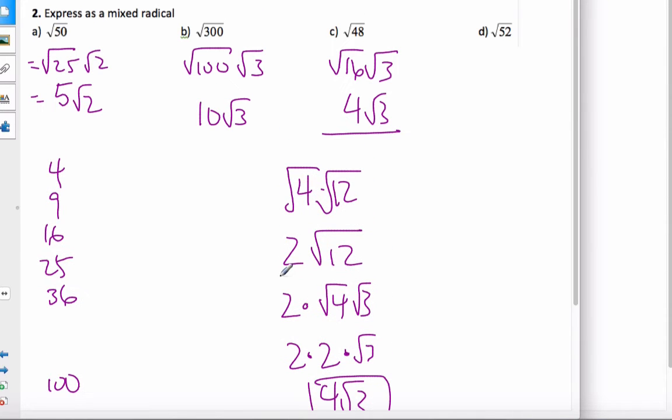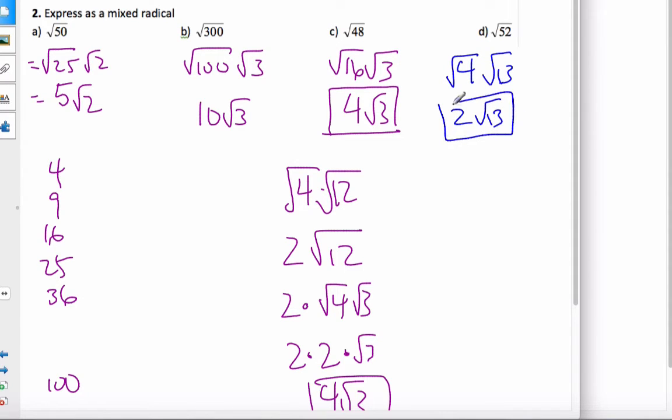So you end up at the same destination, but through a different path. And finally, we'll do 52. I know 52 from playing cards as a younger person is 4 times 13. So 2 root 13 is our simplified radical. And it all comes down to looking at this list.